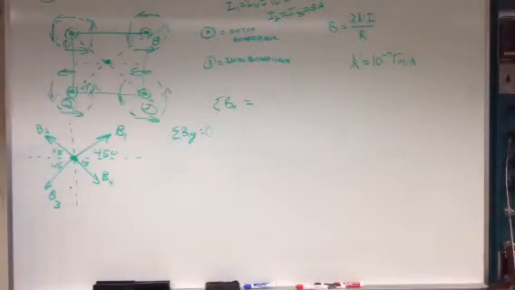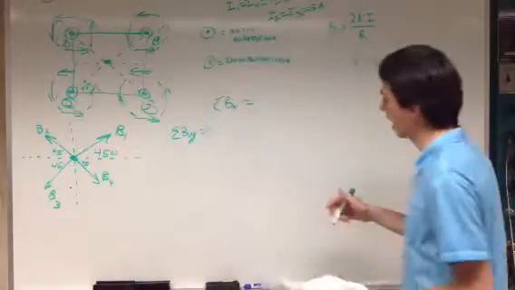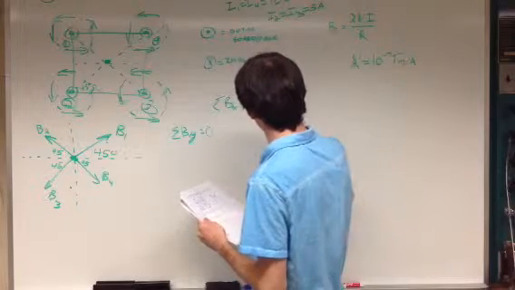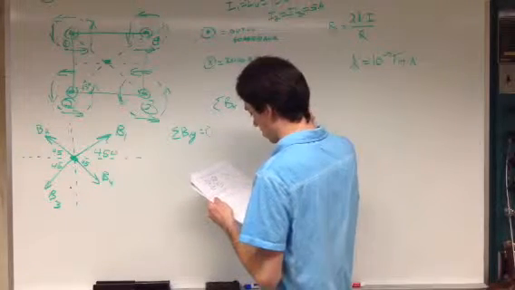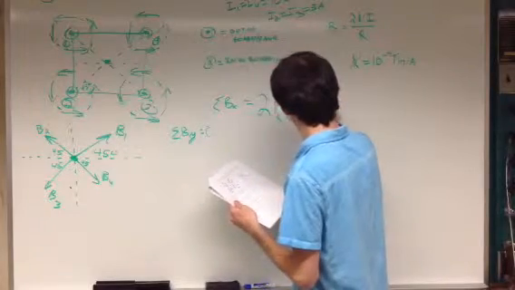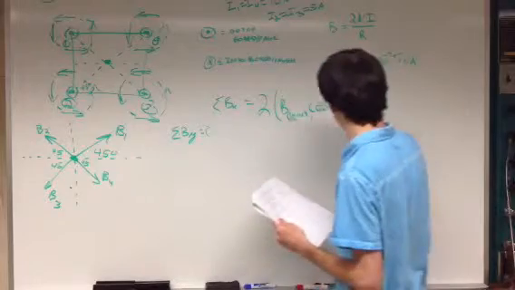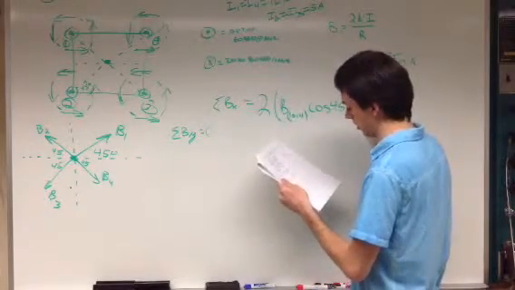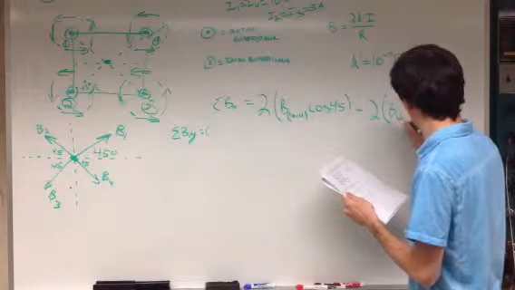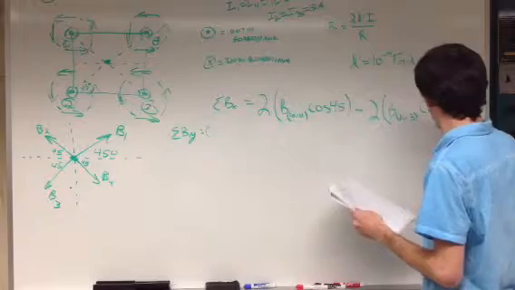So this is 0. There's no field in the y direction. So all we need to do is figure out the field in the x direction. So if we want to do 1 and 4, that's 2 times B1 or B4, doesn't matter, they're the same magnitude. And a cosine of 45 degrees will give us our x component, minus 2 B2 or B3 goes over there, cosine of 45.